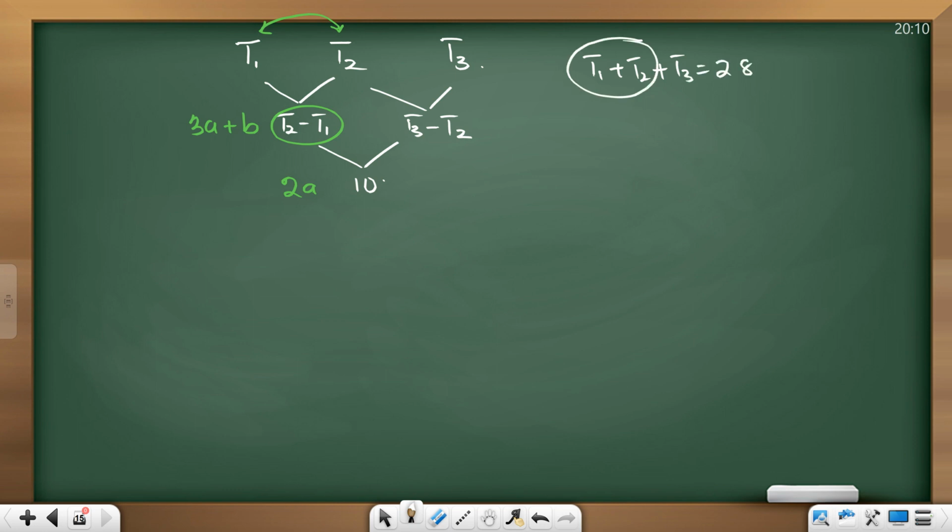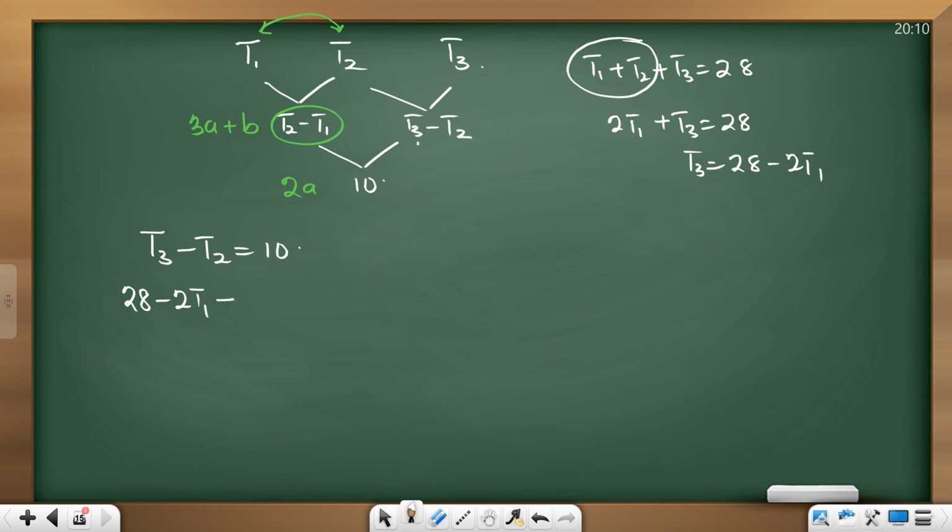But these two are equal, so we place it anywhere we see T3. What is T2? It is also equal.